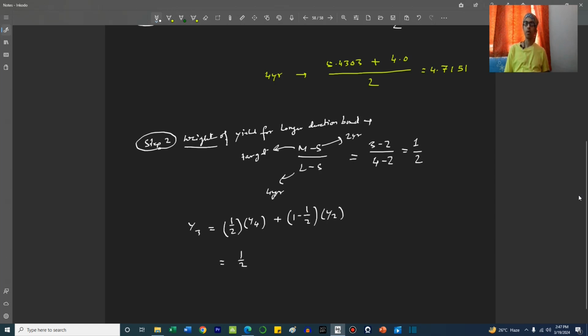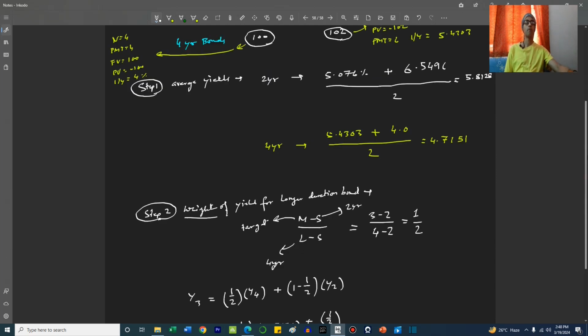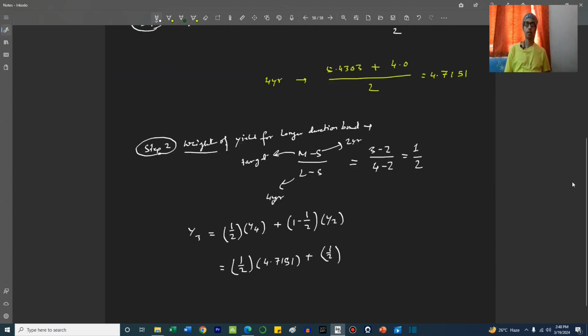This is equal to half into 4.7151 plus 1 minus half is half into 5.8128. This gives us 5.2639%.